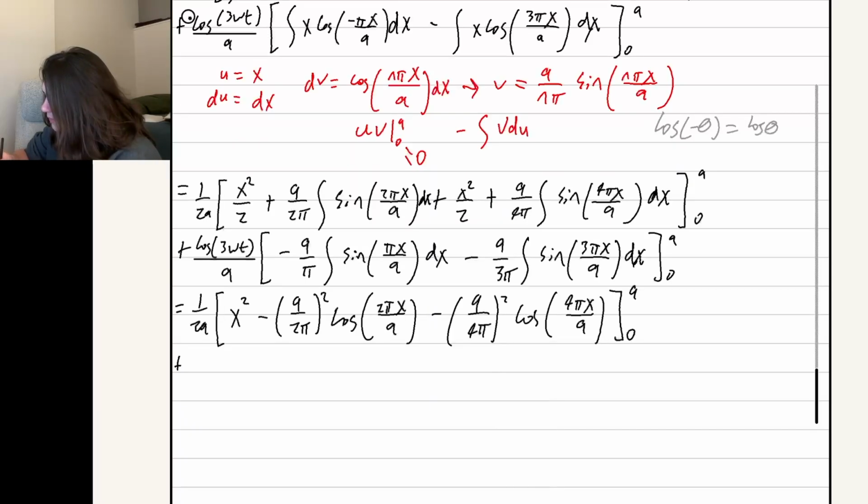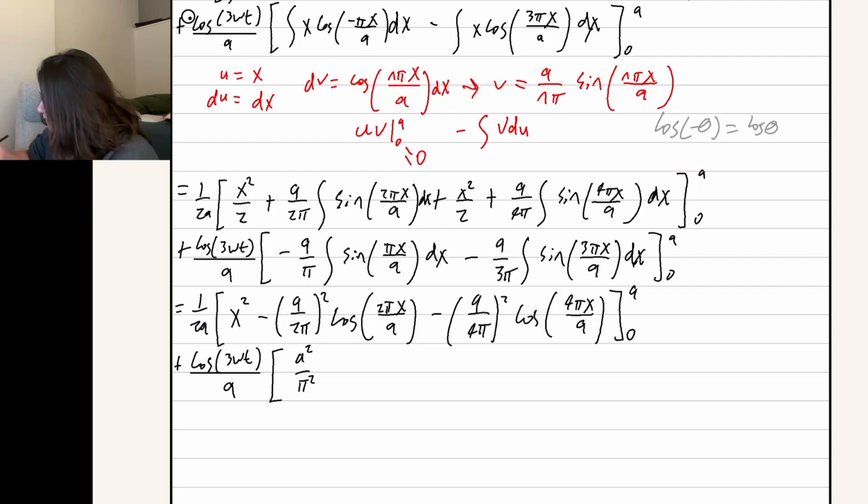And then we also have plus cosine 3 omega t over a. We got actually just a squared over pi squared. Nah, this is supposed to be positive. So minus a squared over 9 pi squared. My 9's look identical to my a's. I'll try not to make that problem again.